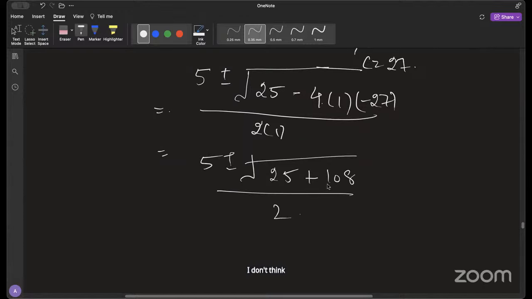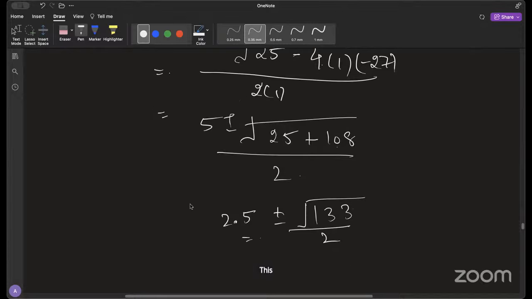I don't think this is a perfect square. It's going to be 133. This is not a perfect square, but this will be your solution.